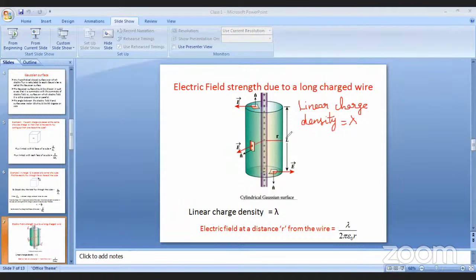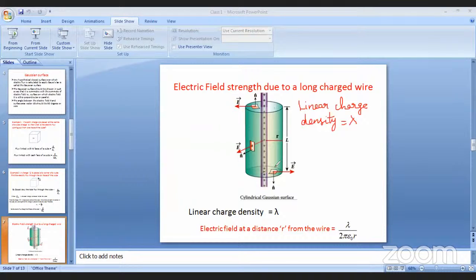For calculating the electric field due to this wire, you have to imagine a cylinder around the wire. The cylinder here is the Gaussian surface for this wire.